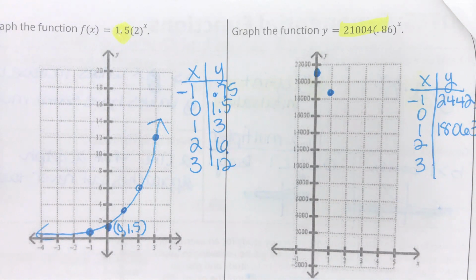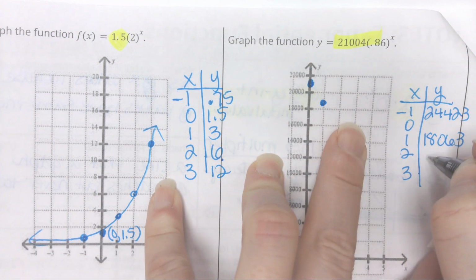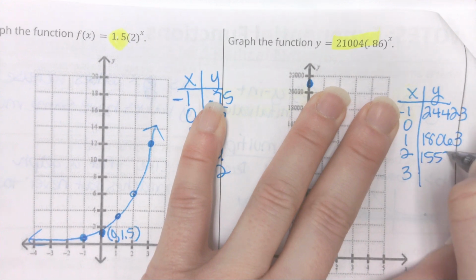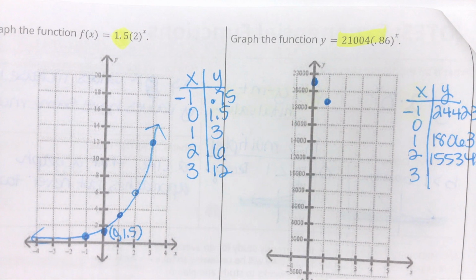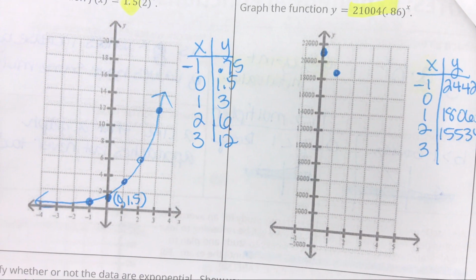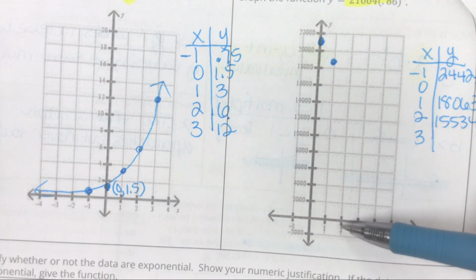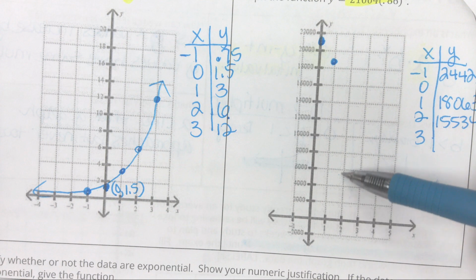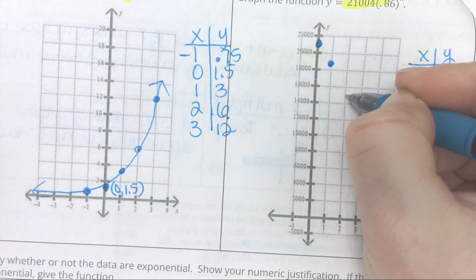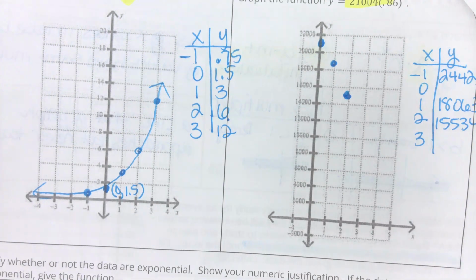What'd you get? Yep, it's not nice. 15,534. Were you a little nervous because it wasn't nice? Well, yeah, I just didn't know that would be like the raising, but you know now. Okay, let's plot that, a little bit more than halfway. Let's do the third.